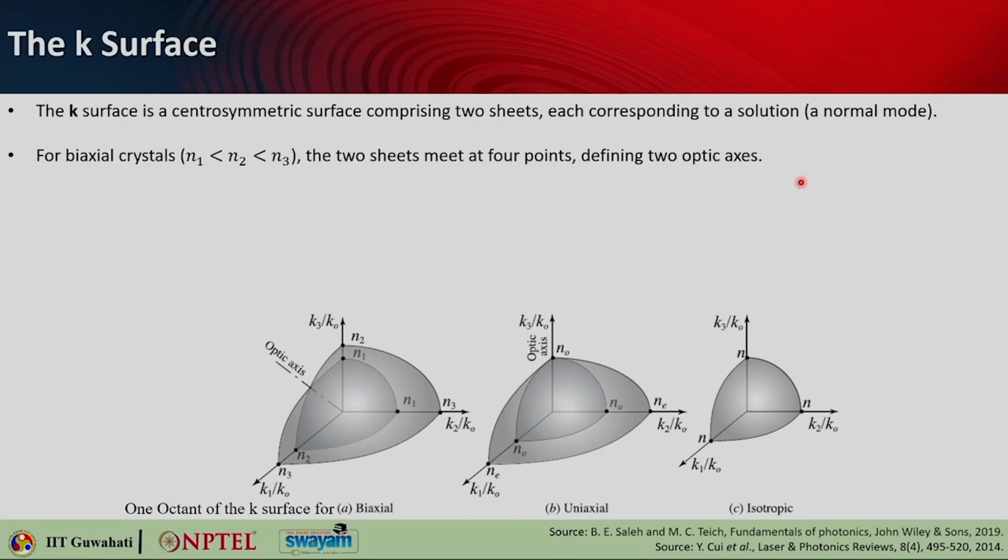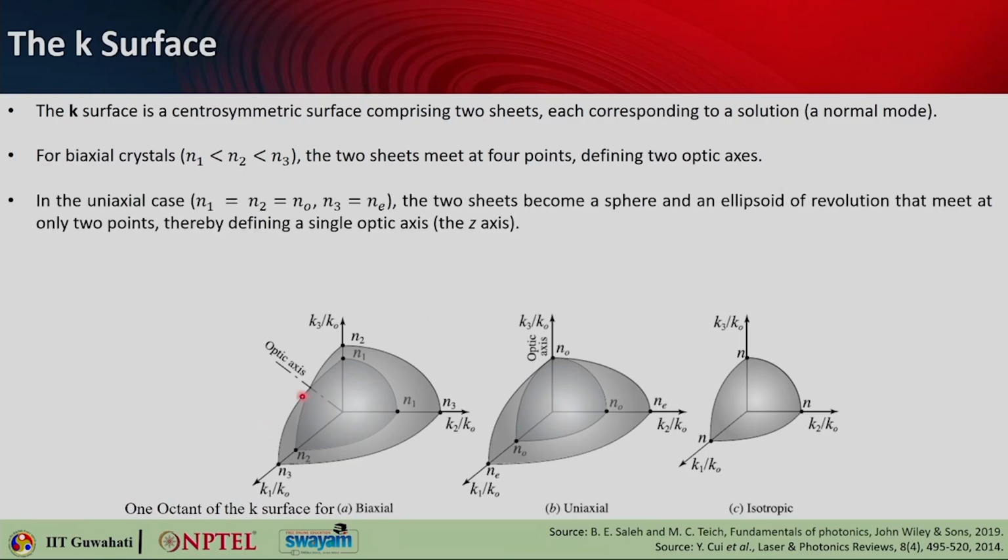So, a biaxial crystal will have two optic axes, and you can see that if you consider one octant of the k surface, there you can already see one optic axis. In the other octant you will be able to see the other one.